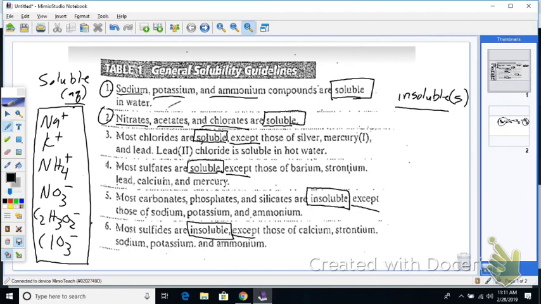Well, it formed a white solid or a yellow solid or whatever. Okay? So, these are insoluble. Carbonates. Phosphates. And silicates.